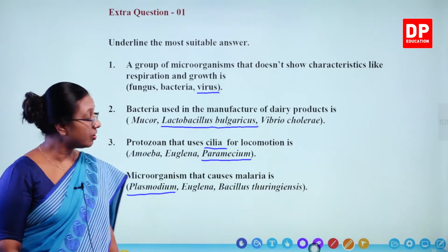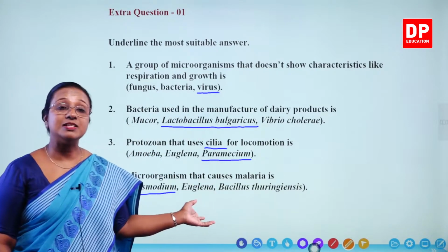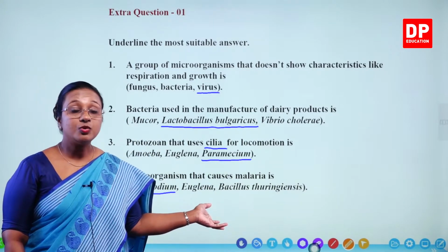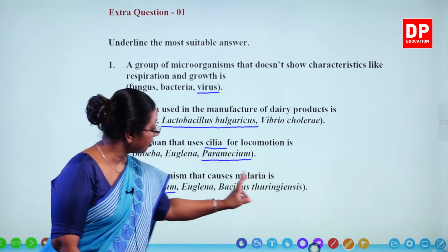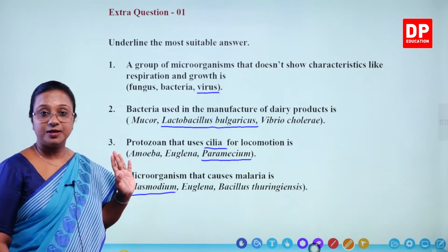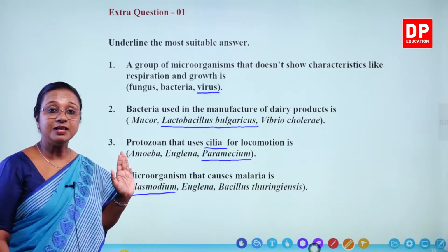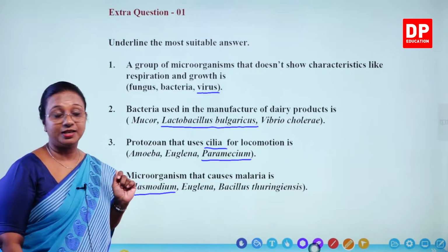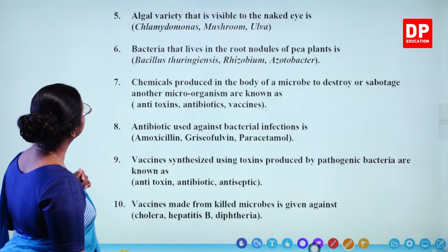So it doesn't cause diseases. Bacillus thuringiensis, we have discussed that with controlling the larval stage of dengue mosquito. So that is also not the causative agent. So it is Plasmodium. So were you all able to answer these questions correctly? I am sure you can do it. Now we will move on to the next one under the same question.